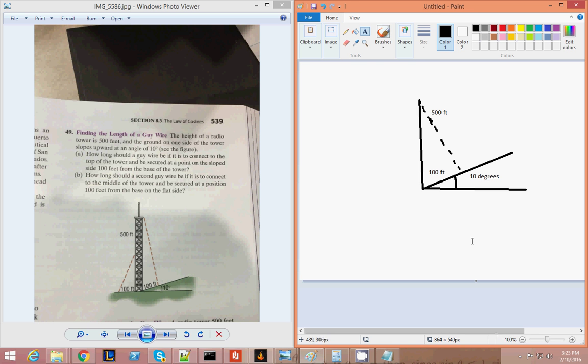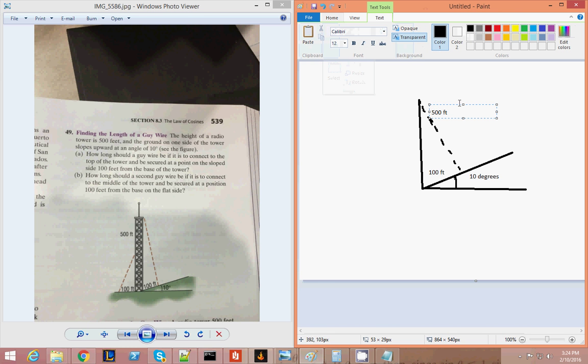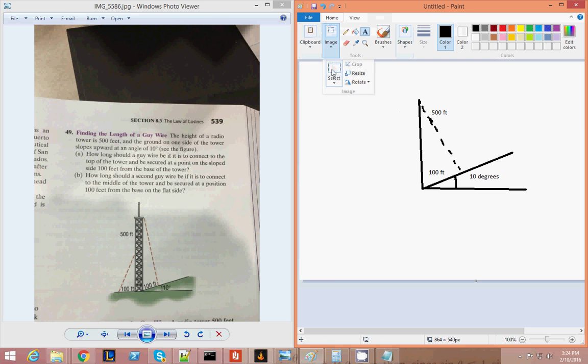So now what we have to do is figure out. I'm going to move this 500 feet here because it looks like it's the wire, but it's not. So we have 500 feet here and 100 feet here.